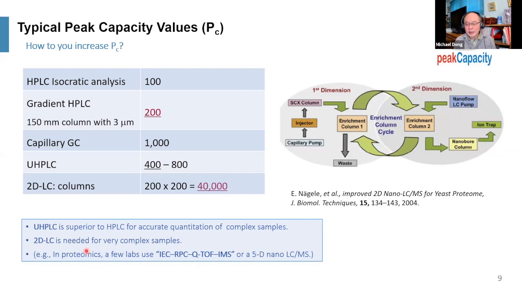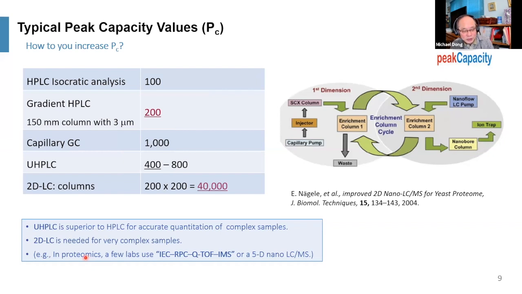In proteomics, right? What is proteomics? Proteomics is the study of all the proteins in a living organism. Typically in your body, you have 100,000 proteins. So it's a very complex problem, right? If you can define all the proteins and understand their function, you understand how the organism works, how you prevent disease, how you mitigate it.